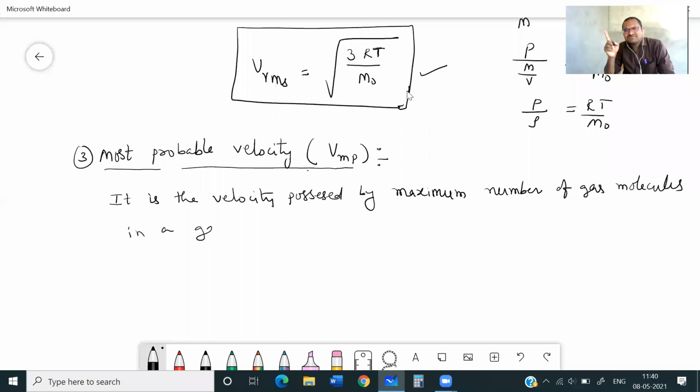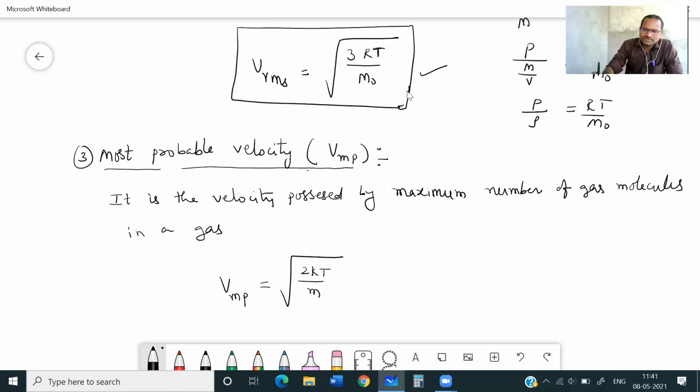It is not the maximum velocity. It is the velocity possessed by the maximum number of gas molecules in a gas. Clear? And this most probable velocity is given as root of 2kT by m.